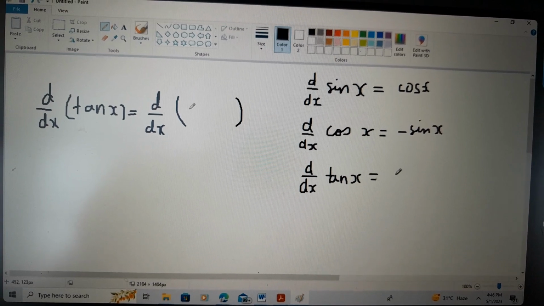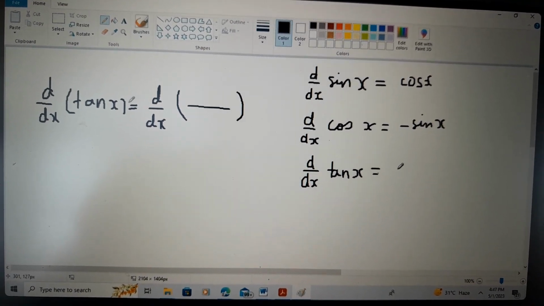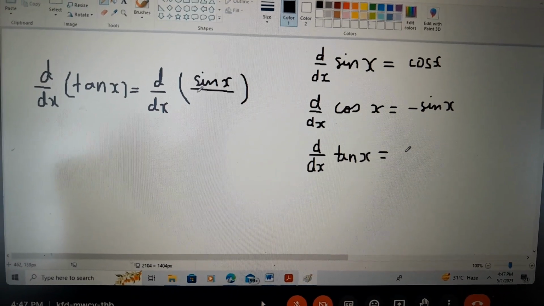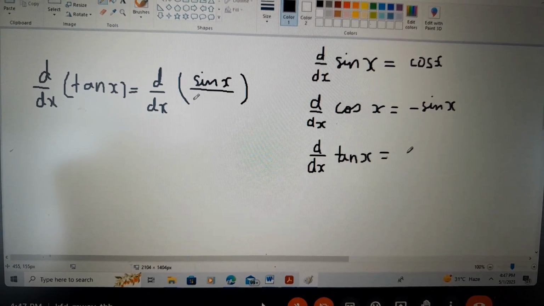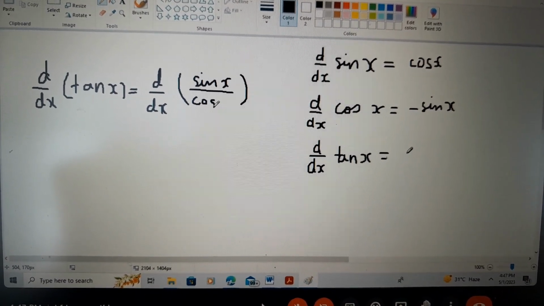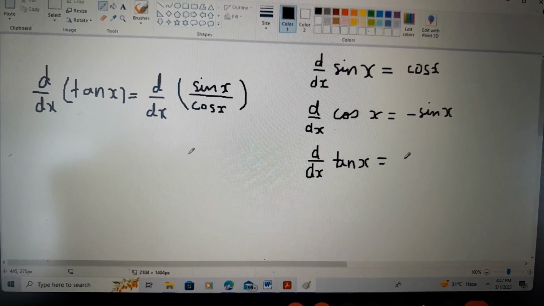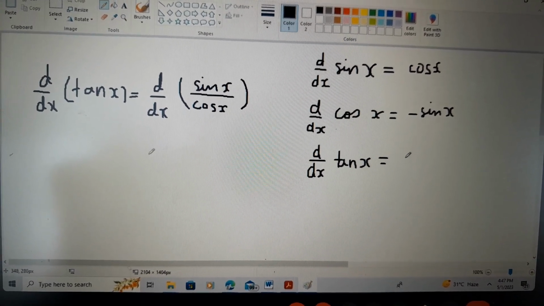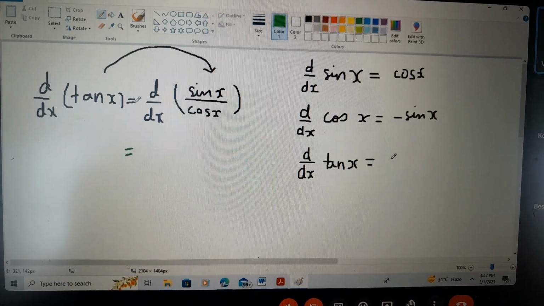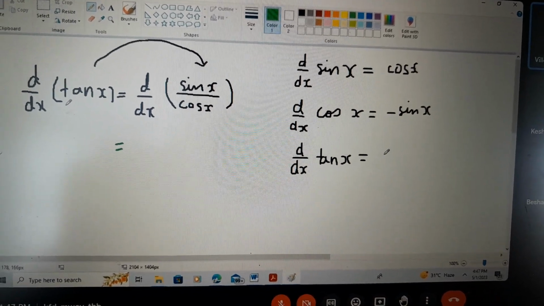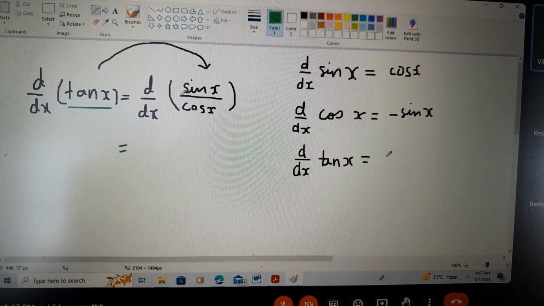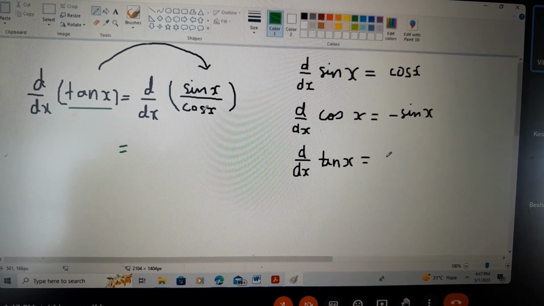It's a fraction of two other functions. Tan is actually sine over cos. Does everyone agree with this? We're not differentiating yet. I'm just trying to represent tan in a different way. So tan, of course, is equal to sine over cos, right?